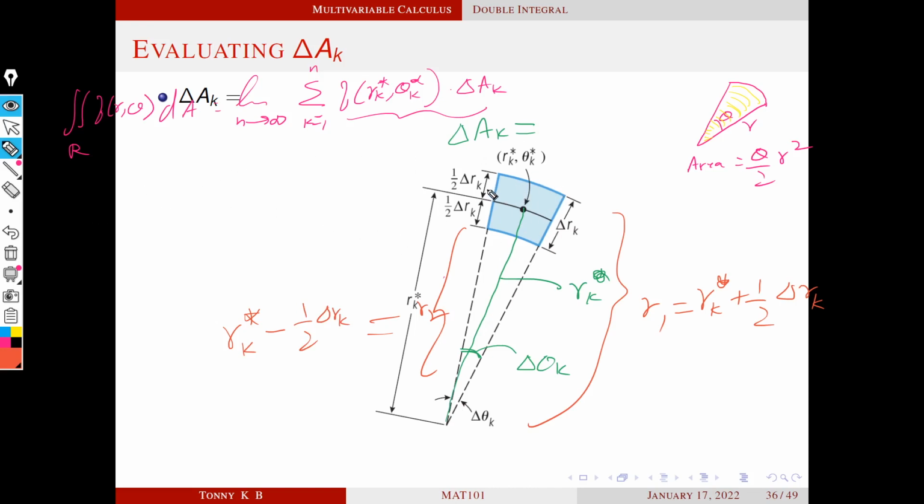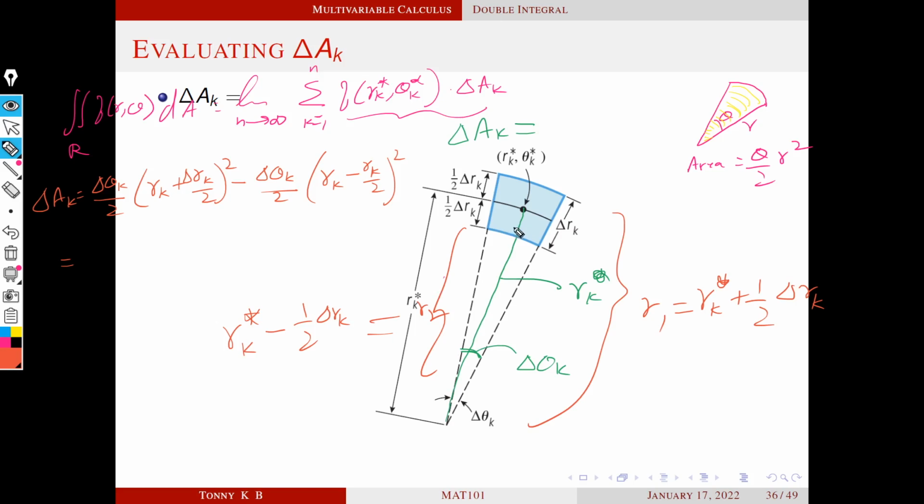The area of the big sector is delta theta k by 2 times the big radius, r k plus delta r k by 2, squared, minus the area of the small sector.